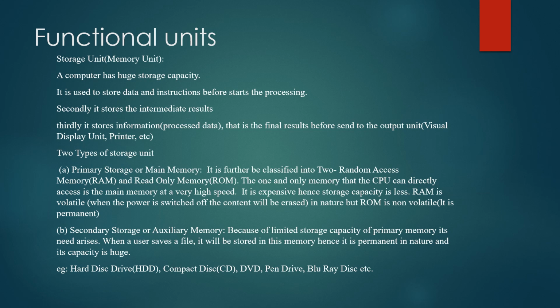These are examples of secondary memory. Secondary memory is used to store large amounts of data and programs which have to be stored on a long term basis. Examples of primary memory are random access memory and read-only memory. Examples of secondary storage are hard disk, pen drive, etc. Primary memory is also called main memory, and secondary memory is also called auxiliary memory.